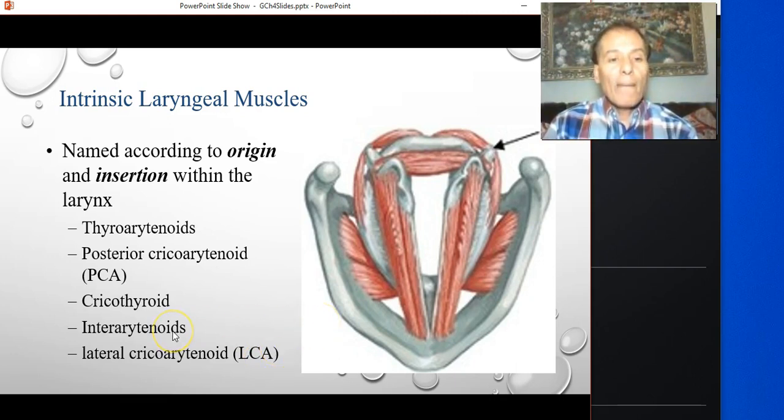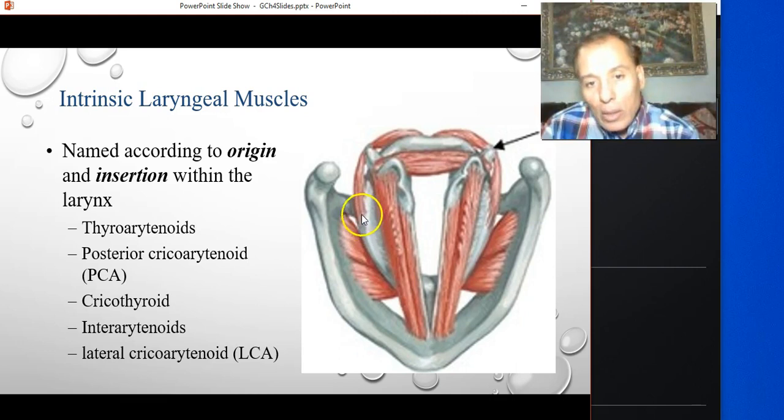And then we have the lateral cricoarytenoid muscle. This originates on the side of the cricoid cartilage here, and it inserts onto the base of the arytenoid cartilage. So when this muscle contracts, it swings the arytenoids inward to the middle, to the midline.